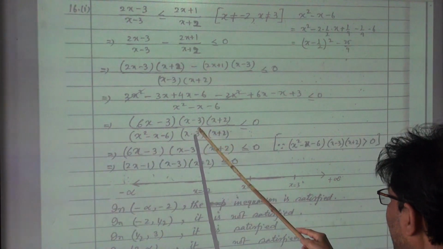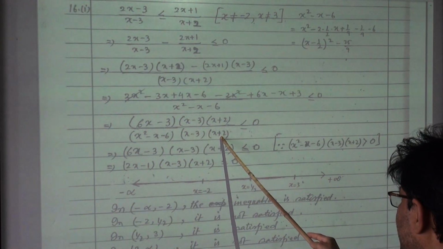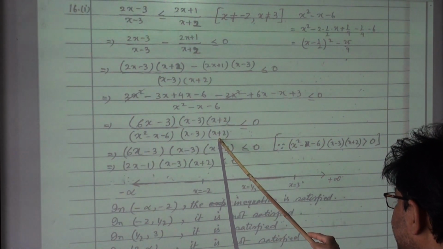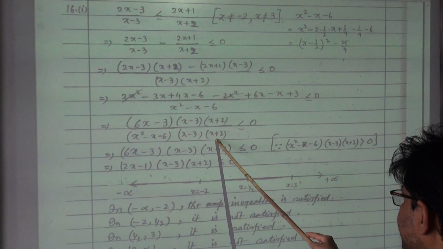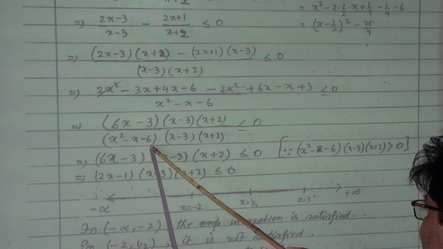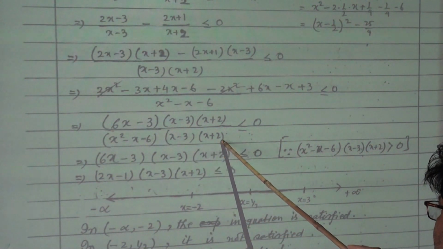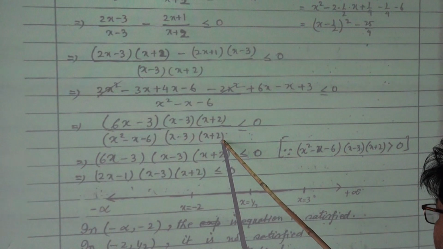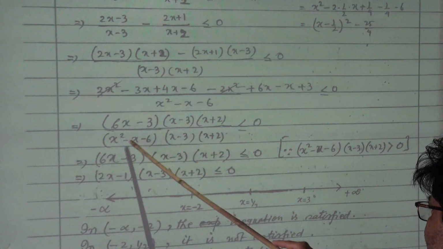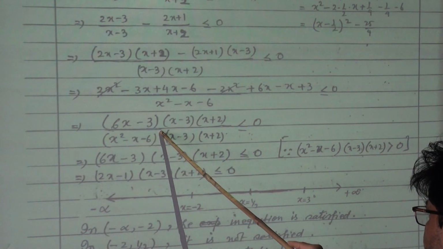Now up and down I am multiplying the same factor like the previous one. We don't know whether it is positive or negative, so (x minus 3) and (x plus 2) up and down I am multiplying. This is x minus 3 into x plus 2. This is x minus 3, this is x plus 2. So I am getting how much? If you open, you will get the same expression only, x square minus x minus 6. That means it is coming whole square.